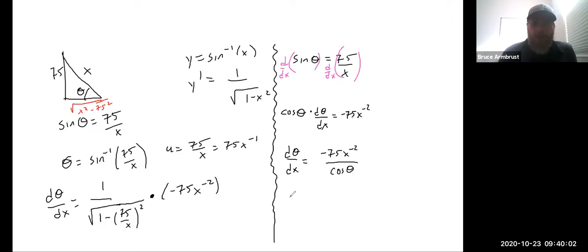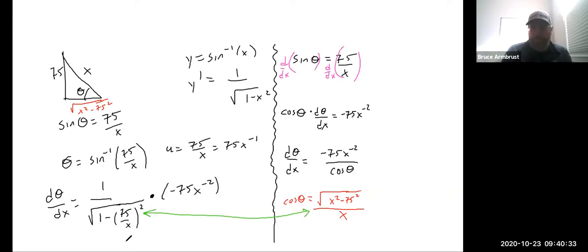So the cosine of theta is going to be that divided by x. And it turns out that these two pieces are identical. If you take that x and put it into the square root, basically make this a square root of x squared and then simplify, you get exactly the same thing.